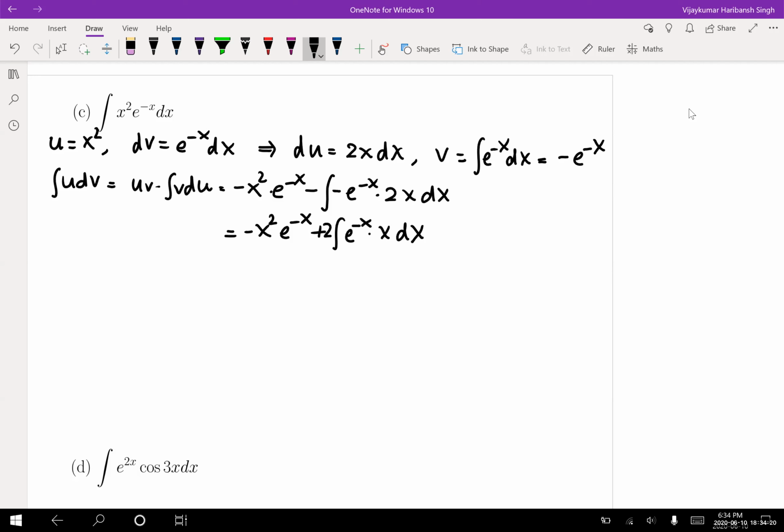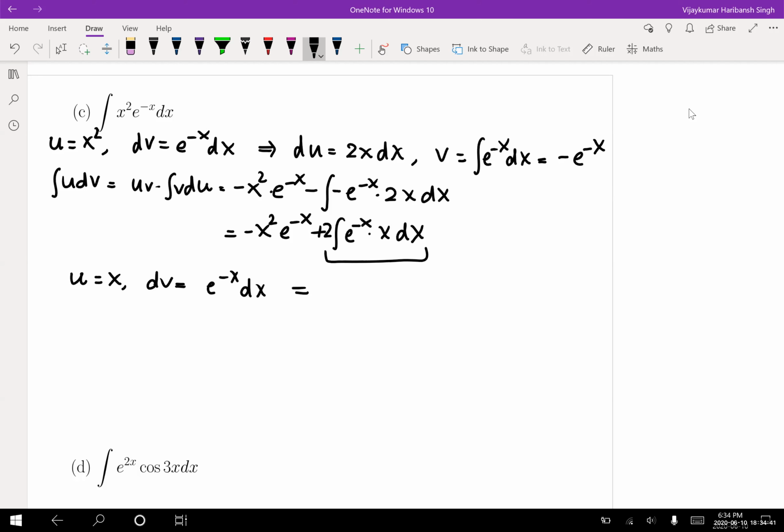So now we should apply the by parts again here. So in this case, again, my u is x, my dv is e to the power minus x dx.